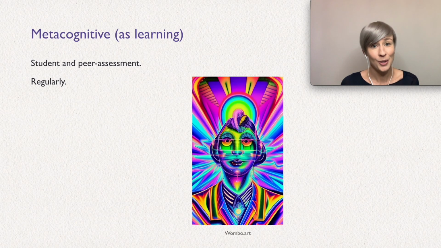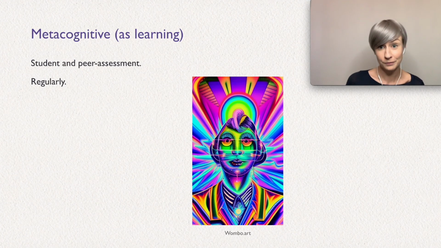Then we have the metacognitive, the assessment as learning. So metacognition in relation to learning is sometimes talked about as the learning how to learn. It's about an intentional and planned process.